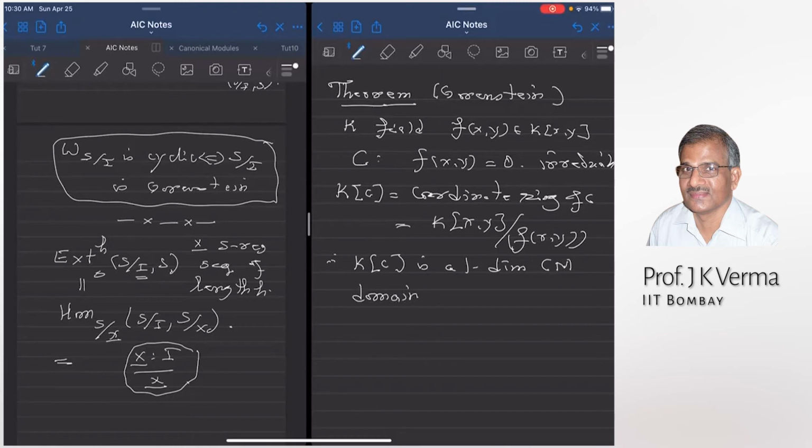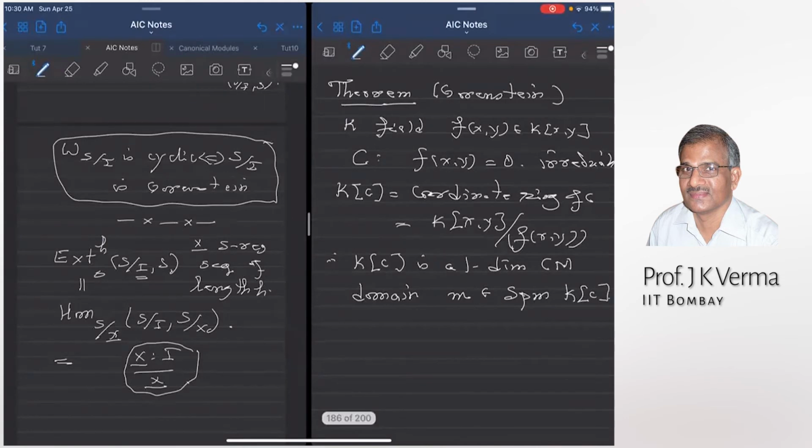If I take any maximal ideal of K[C], then this maximal ideal comes from a maximal ideal of K[x,y].